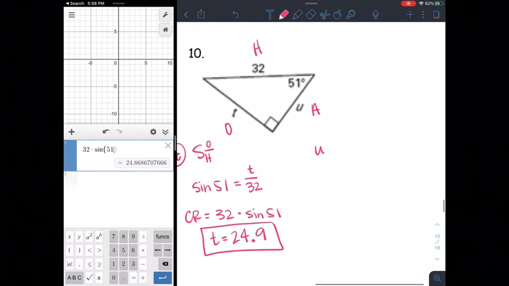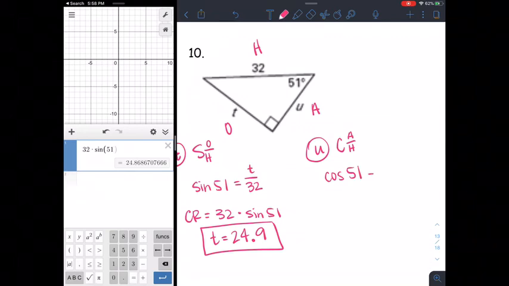And we're going to use these same things and find the value of u. In this case, I have adjacent and hypotenuse. So I'm going to use cosine. The cosine of 51 is equal to the adjacent u over the hypotenuse 32.